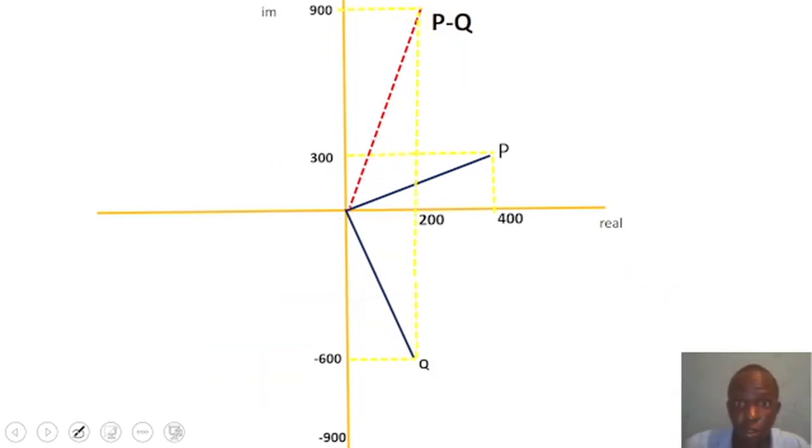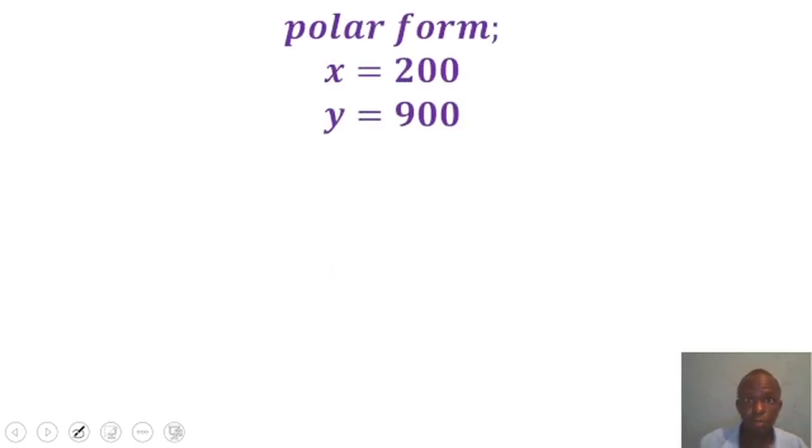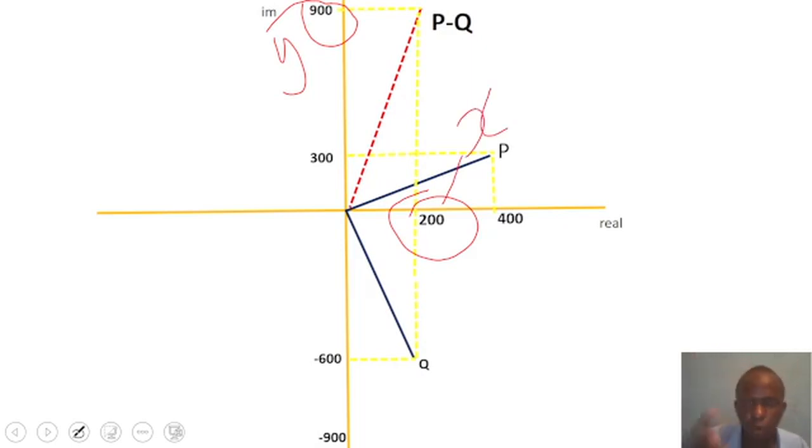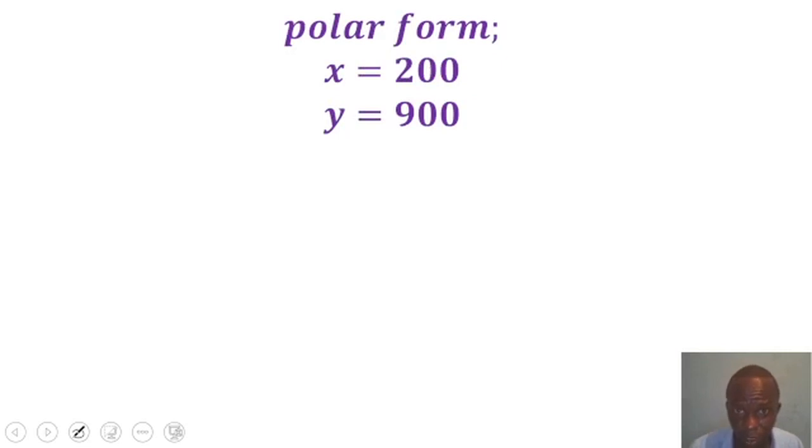Now let us go to the solution. We have seen that. Let us go back. This 900 here is the y component. This 200 here is the x component of the relative velocity. So we are going to use them in finding the polar form.